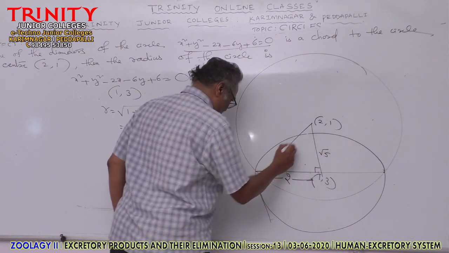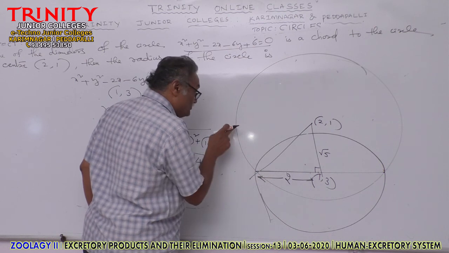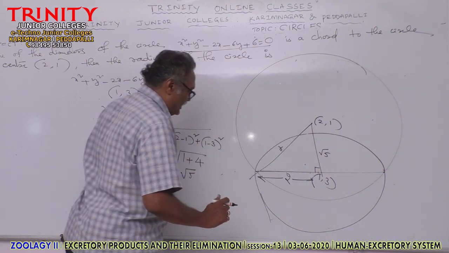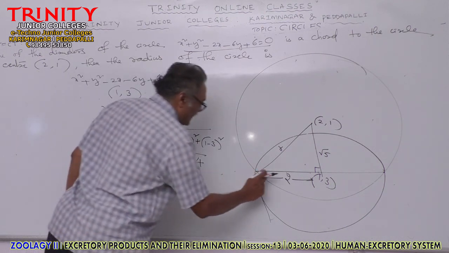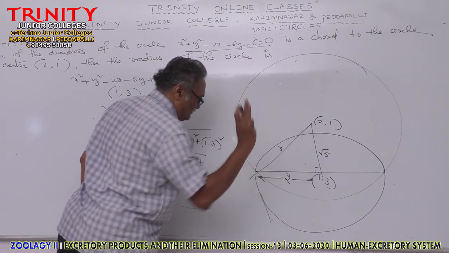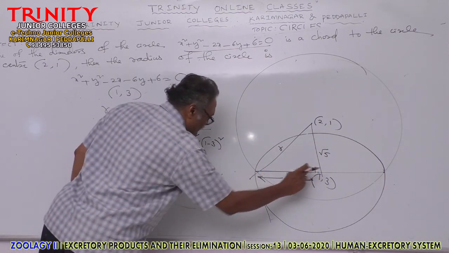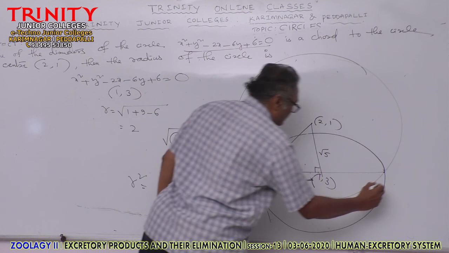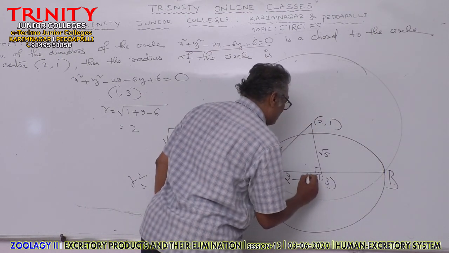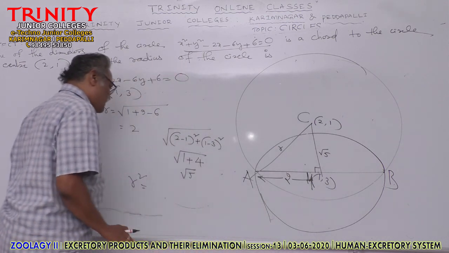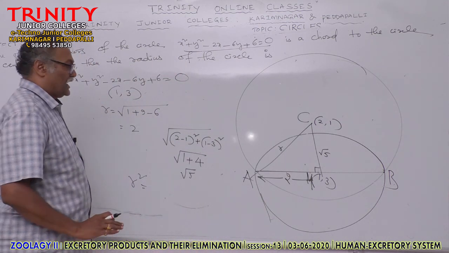Now join like this. It is the radius of this circle r. So r square is equal to, it is a right angled triangle. Take like this, A, B, it is M, it is C. Triangle AMC is a right angled triangle.